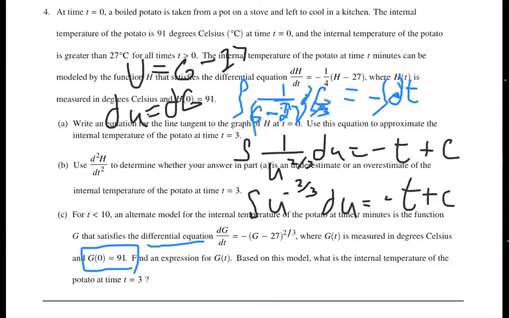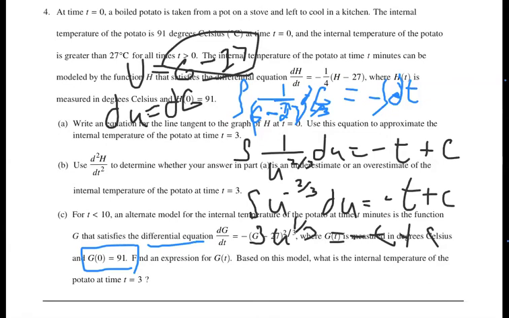So that's going to be u to the 1/3 over 1/3, which means you flip it upside down and get 3 in front. And then we've got to plug in the G minus 27 again.